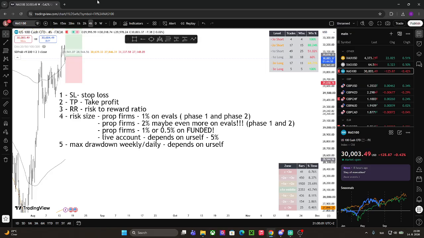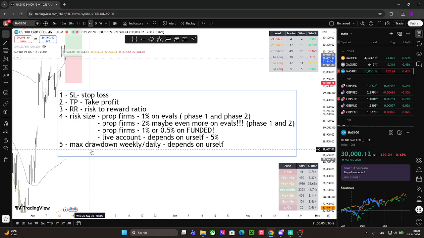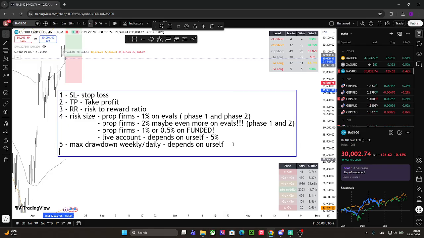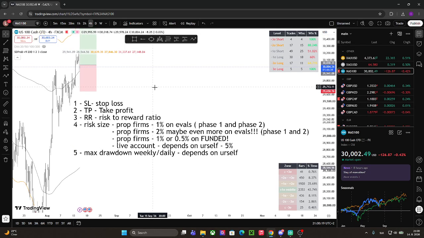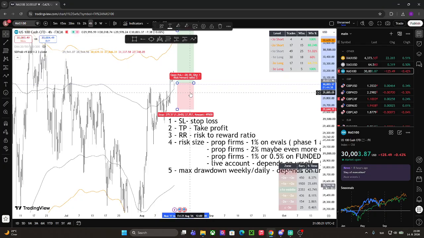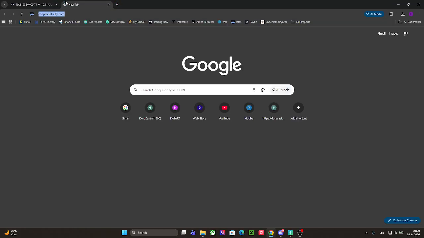Let's see if I remember anything more. Risk size, max drawdown, weekly, daily. We went over risk per trade right here. This is the most important stuff, I feel like. And if I don't remember anything more, I'll just end right here. We can search up risk management, whatever comes.